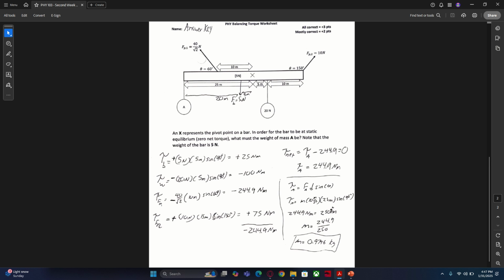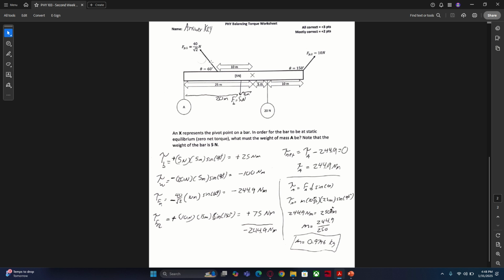Next we have the torque of our first applied force, FP1. Its magnitude is 40 over square root of 2. We're already told from our schematic that this force is 10 meters away from our point of rotation, hence the 10. Why we're using 60 degrees is because that's the angle we're given.